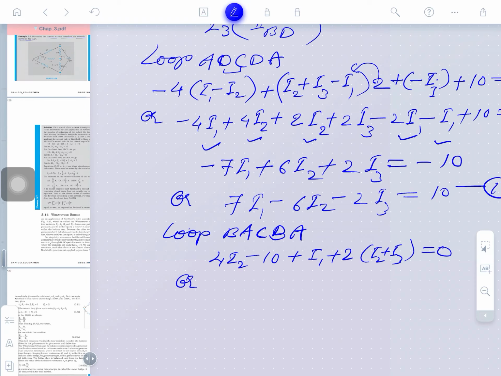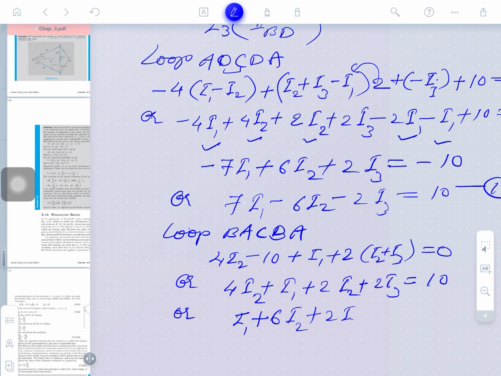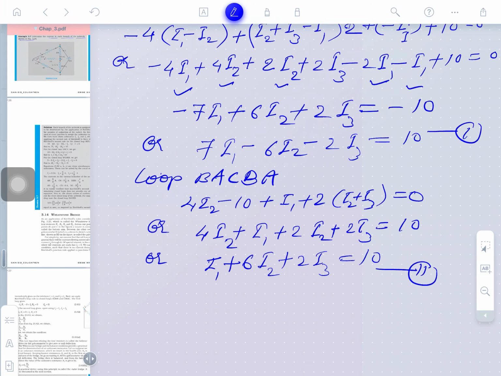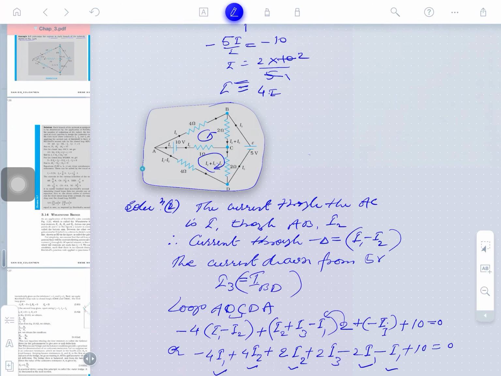So here 4 times I2 plus I1, 2 times I2 and 2 times I3 is equal to 10. This can be written as I1 plus 6 times I2 plus 2 times I3 is equal to 10. This is the second equation.